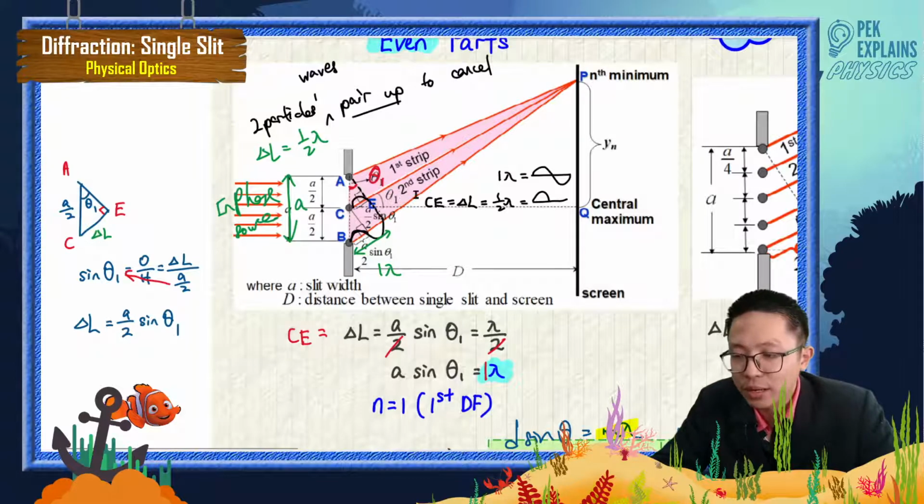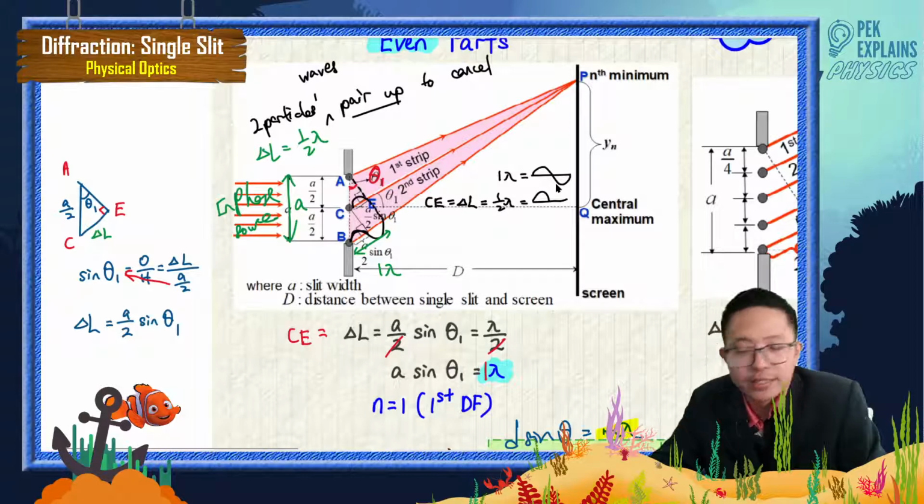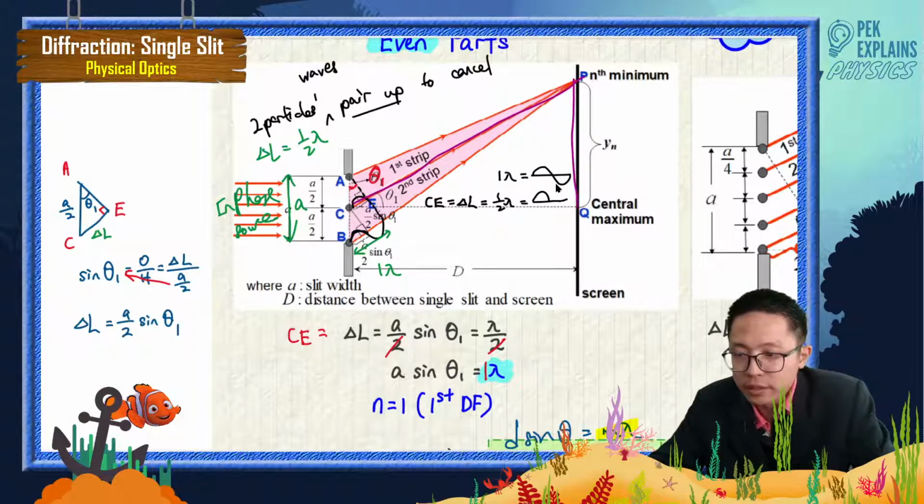And then you can see a big triangle here. This big triangle is just like the double slit. Here is another big triangle, another right angle triangle.